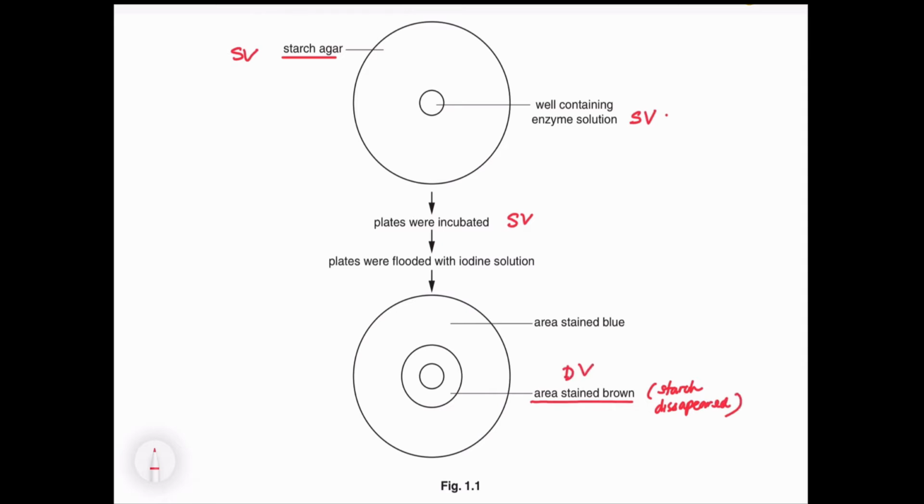So I'll need to measure the diameter of the area stained brown. So from the diagram or from the question itself, I will most probably be able to identify a few variables that I know I need to include in my planning experiment.